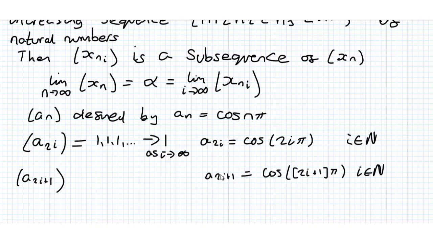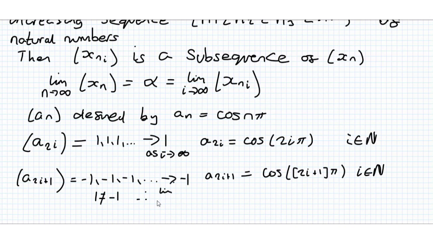Increase i, this increases, for all i. And 2i+1 is always odd, and an odd multiple of pi in the cos function returns negative 1. So this sequence is just minus 1, minus 1, minus 1, tends to minus 1. 1 does not equal minus 1.